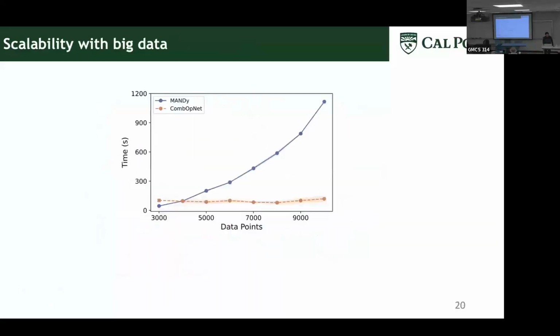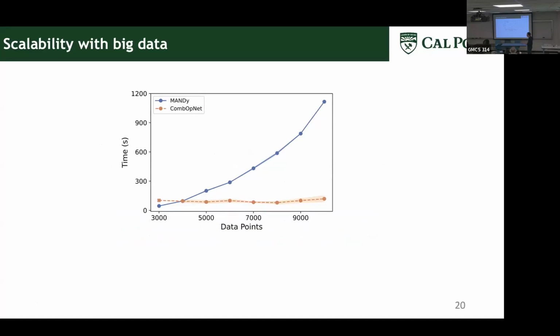All right, next slide. I will show some scalability with big data. The algorithm I'm comparing against here is MANDy. MANDy is a tensor decomposition version of SINDy. It uses a tensor train representation, which helps it scale up to very high dimensions.